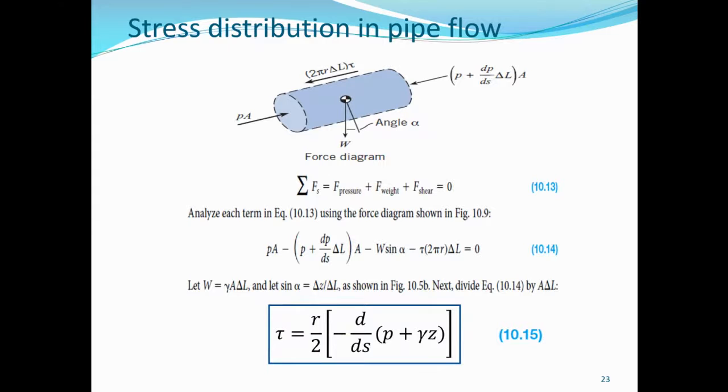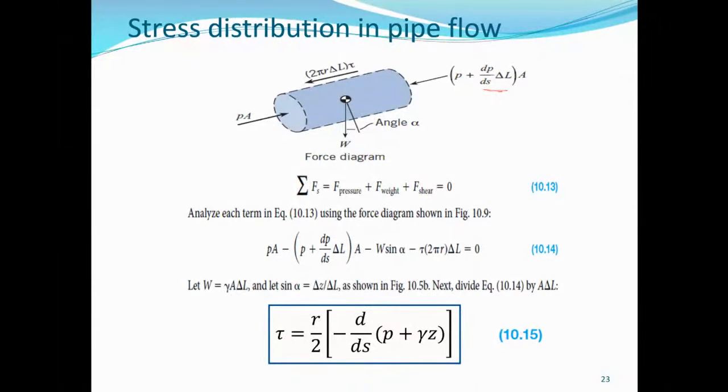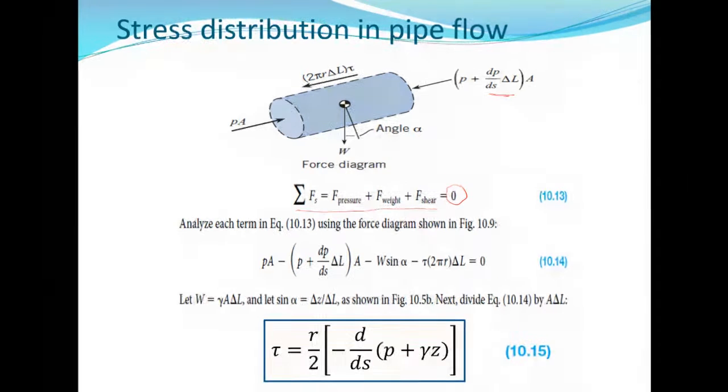Now, to analyze the stress distribution, in this case, we still use the force diagram. We have the pressure force, the shear stress, and the weight. But here, instead of using P1, P2, we use an incremental pressure in the direction of flow, P plus dP/ds times delta L. And then we apply Newton's second law of motion, which gives us zero because the velocity is constant.